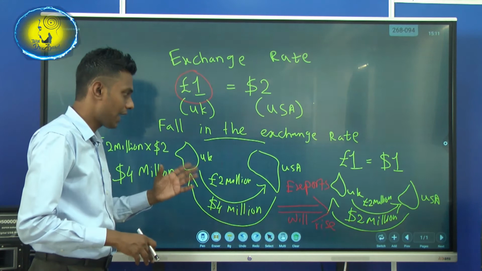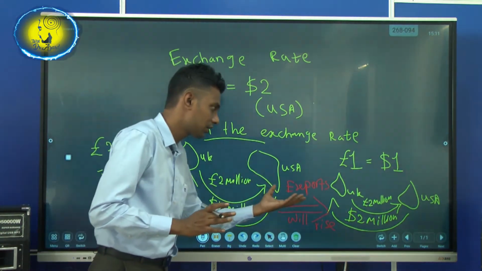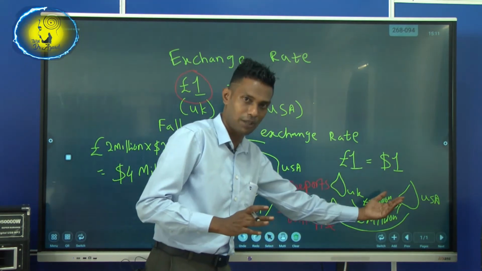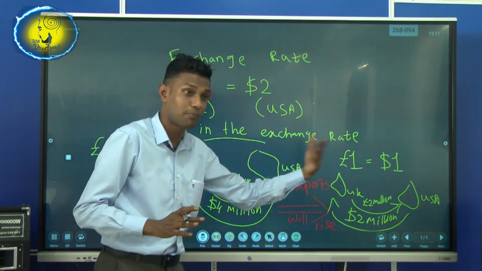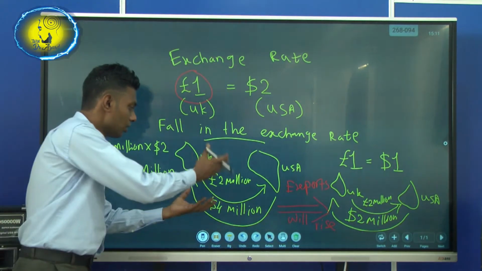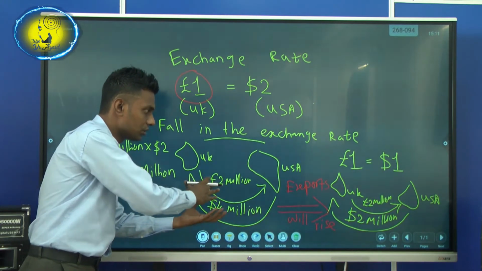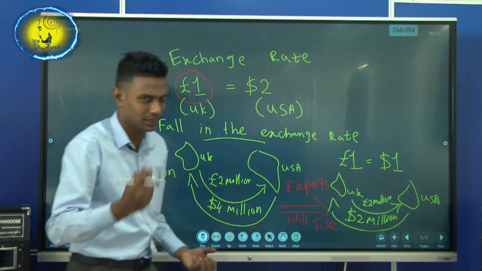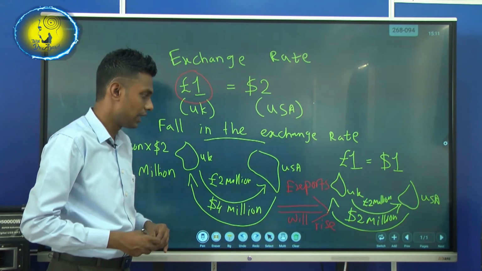The impact is, it's a good situation for the United Kingdom because more goods will be demanded from the United States of America. Why? They can buy more goods than before. Before they had to pay 4 million US dollars to buy these goods. Now they only have to pay 2 million US dollars. What's the reason? A fall in the exchange rate.